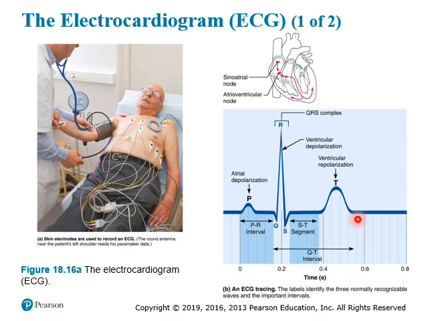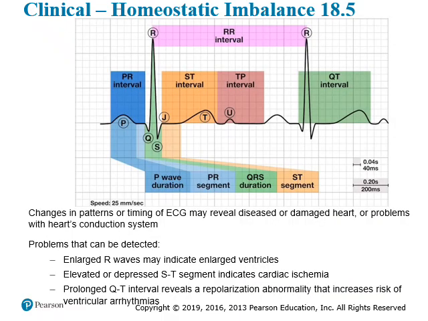They found out that an additional wave, which they call the U wave, is brought about by hyperkalemia, where your blood has a lot of potassium in it.